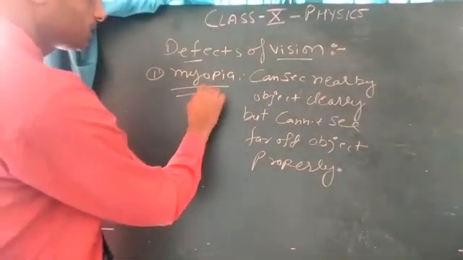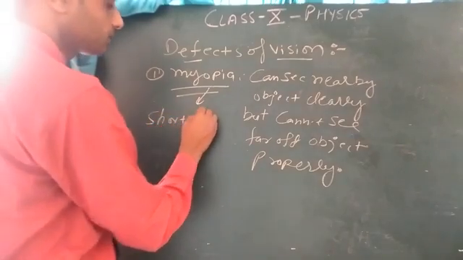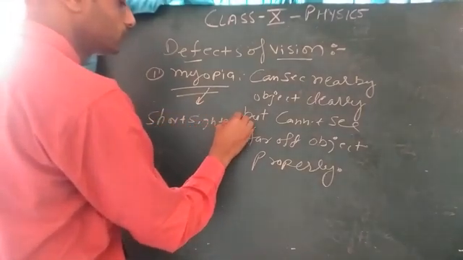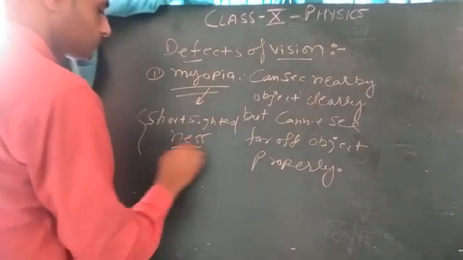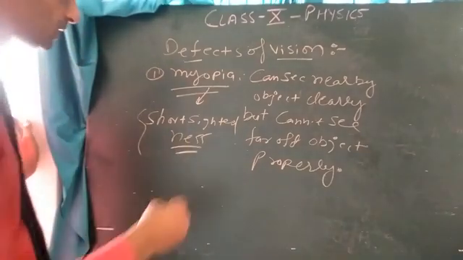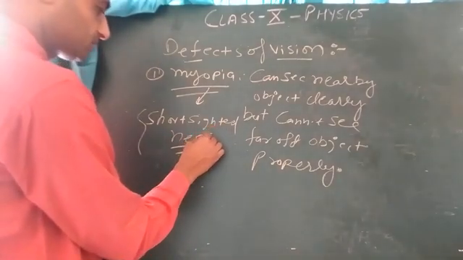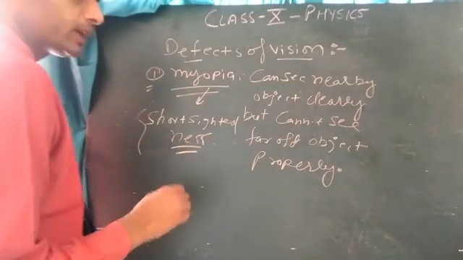This defect is also known as short-sightedness. Why this defect is known as short-sightedness, I will discuss with a diagram. Okay, so this is myopia defect.